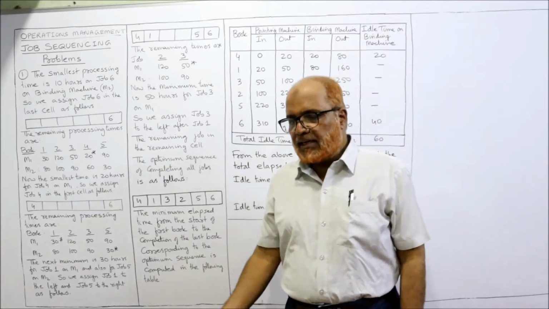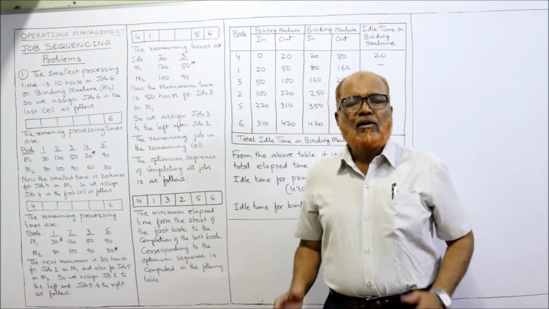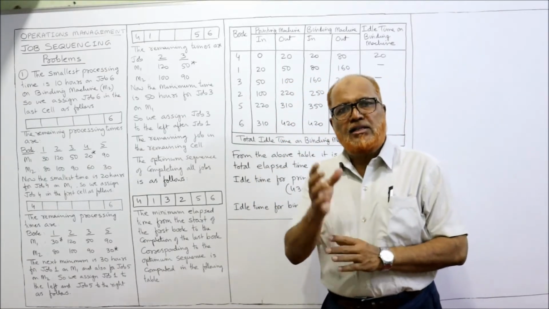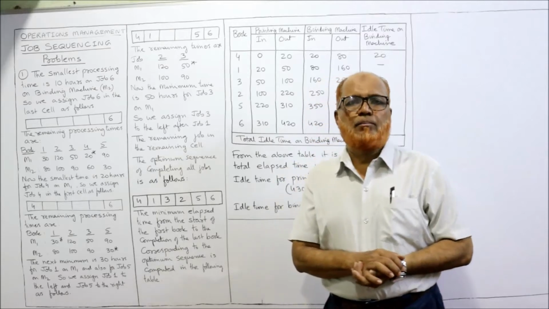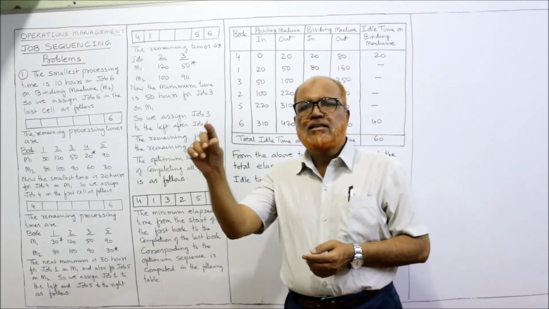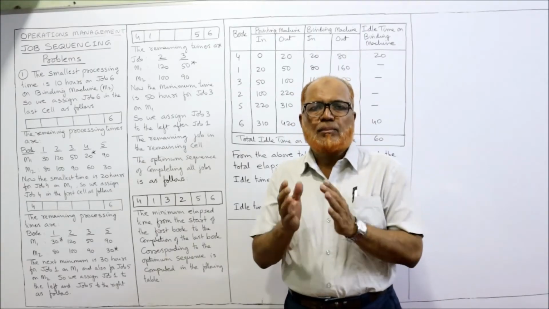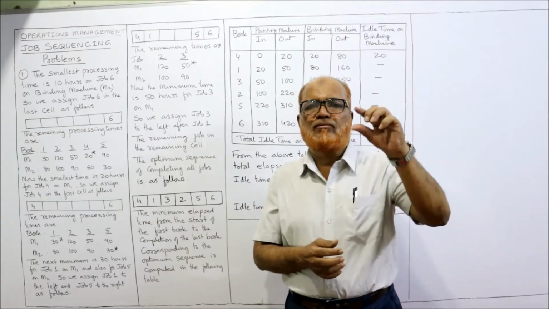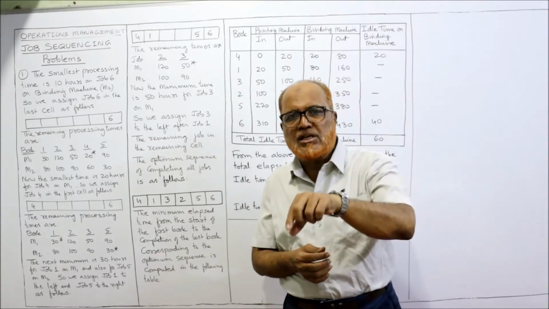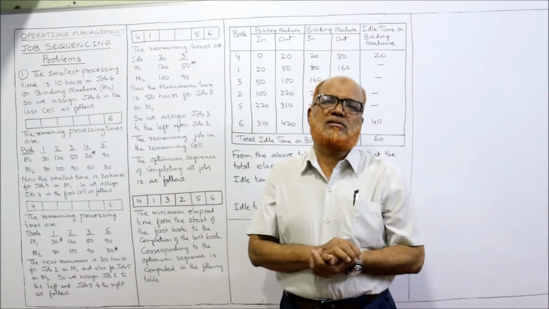The technique is given by Johnson and Bellman. I have already explained this procedure in the theory video. They say, first of all, select the smallest processing time on both machines. Sometimes the smallest processing time will be on M1 and sometimes on M2. Select where the smallest possible time is.